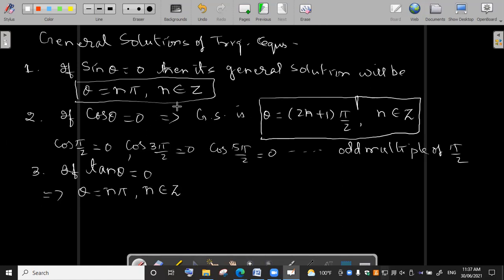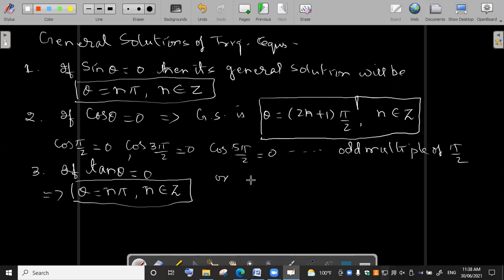So for sine theta and tan theta, we have the same formula, because tan 0 is 0, tan 180 is 0, that is the reason. Now cot theta is also the same as tan theta, so cot theta will be the same.